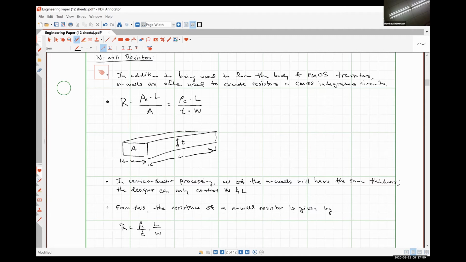Over W, and we're going to define the quantity rho over T, since both of those are constant, to be a single value, which we're going to call R square.